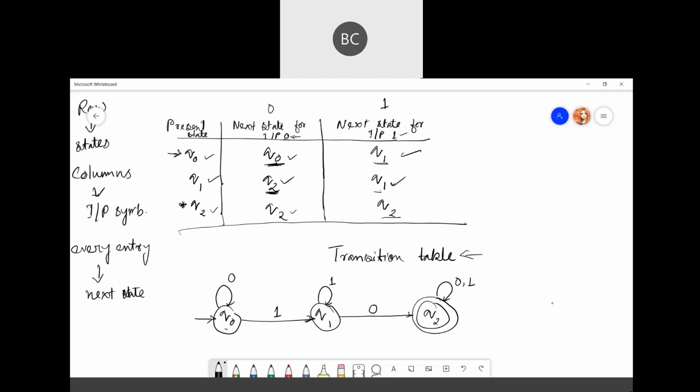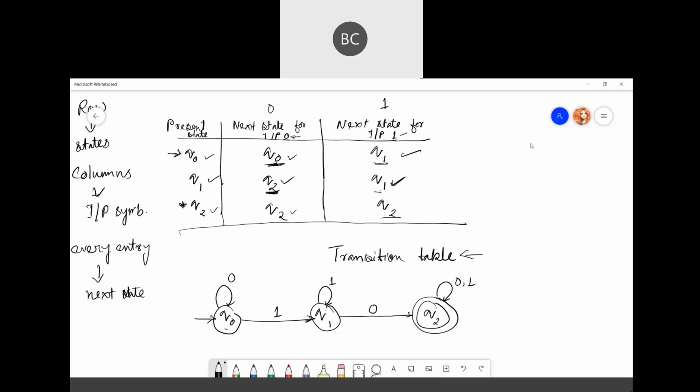Q0 1 लेने से Q1 पे रहा. फिर Q1 पे है, Q1 ने 1 लिया तो 1 पे रखा. फिर 0 लिया तो Q2 पे रहा. बेसिकली जो डायग्राम पे है वही टेबल पे है, और जो टेबल पे है वही डायग्राम पे है.